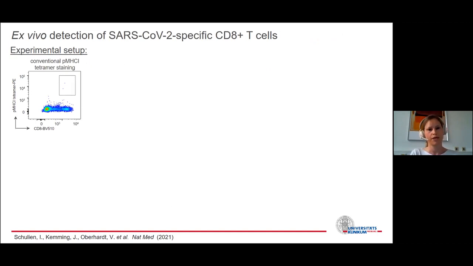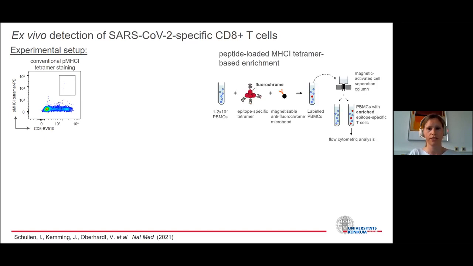When we stained to identify these cells directly ex vivo, we realized that the frequency was quite low. Therefore, we decided to increase our detection rate by performing a tetramer-based magnetic bead enrichment.